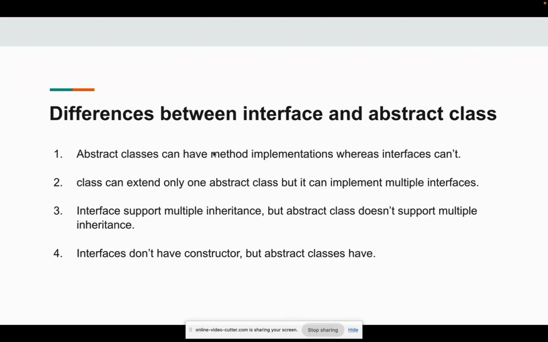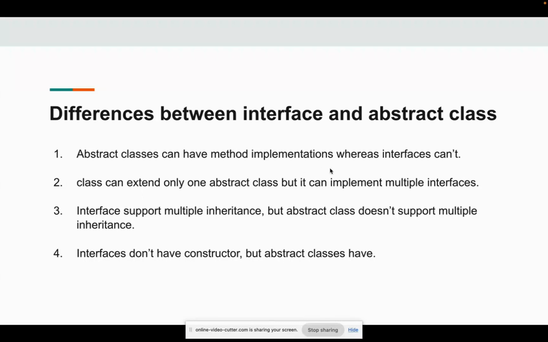Now here is the difference between the interface and the abstract class. Here are 4 points that I understand, and you can learn more points online. The first one is that an abstract class can have method implementation whereas the interface cannot. The second point is that a class can extend only one abstract class, because an abstract class is also a class, and we know one class can only extend one class, right?